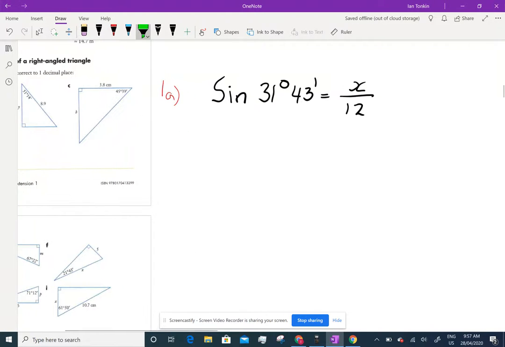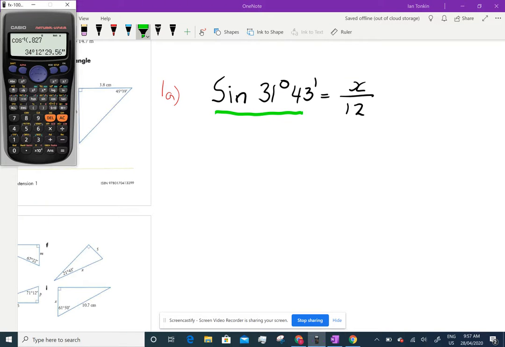Now, please remember, this is a number. You can go to your calculator and type in sine 31 degrees 43 minutes. And that's what that number is, 0.52571911198, and it probably goes on.